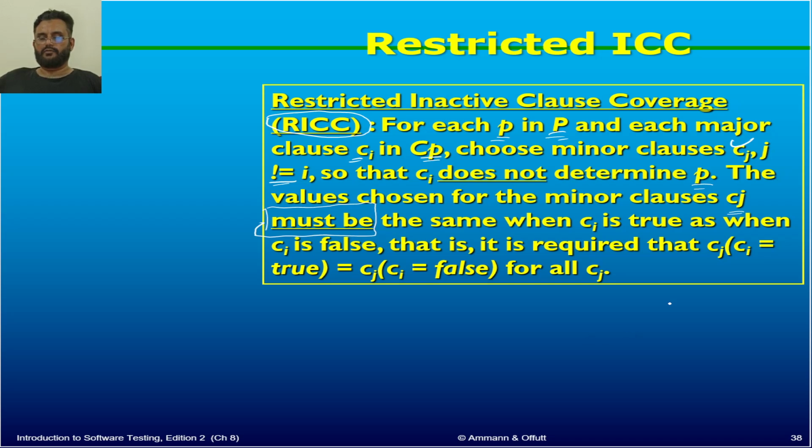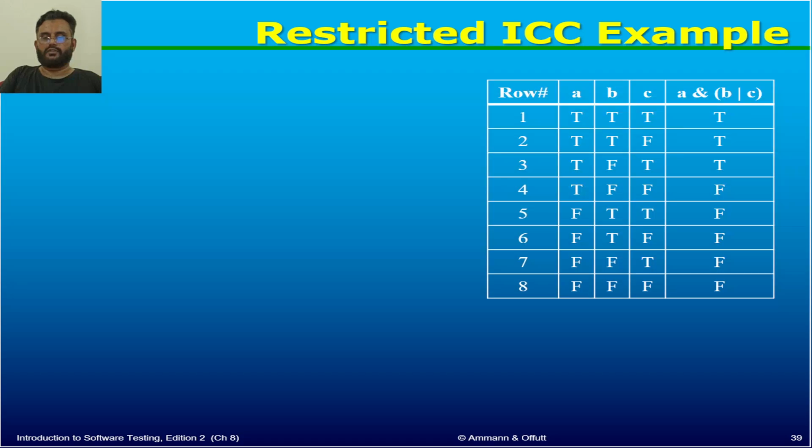The same condition of the minor clauses is mentioned mathematically: Cj with Ci equal to true is equal to Cj with Ci equal to false, meaning that when the major clause value changes from true to false, the value of the minor clause remains the same, and this will be true for all minor clauses. Now let's have a look at an example. So this is the same predicate which we worked out last time, and the predicate is A and B or C.